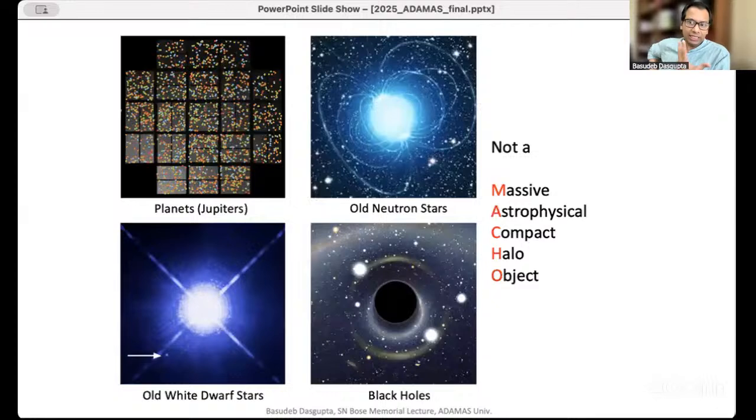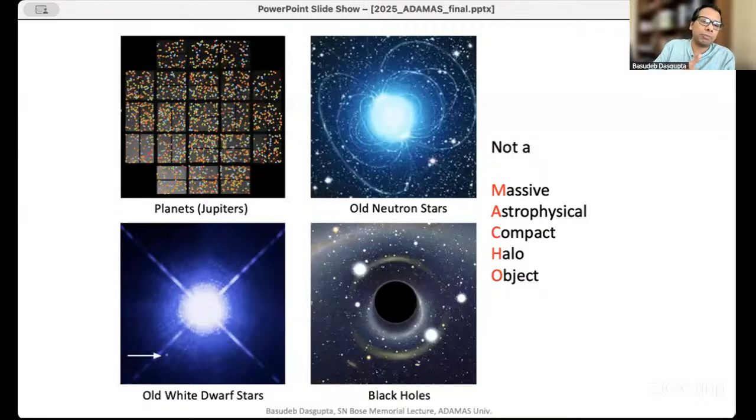Now the first thing that should come to mind is that maybe this thing that we call dark matter is just a bunch of astrophysical objects that we are not seeing. It's very likely, right? Because things like planets are cold, they're not very hot, and so they don't emit a lot of light. If they're very far away and very cold, we will not be able to see them easily.